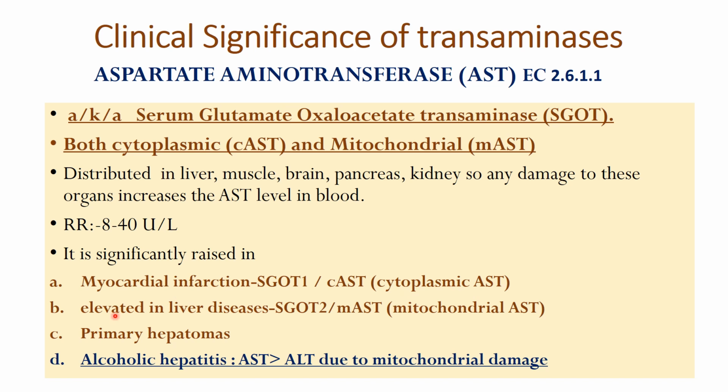And in liver disease, the SGOT isoenzyme 2 will be raised, which is mitochondrial, and it is known as MAST. It is also raised in primary hepatomas. In alcoholic hepatitis, AST is more than ALT due to mitochondrial damage.